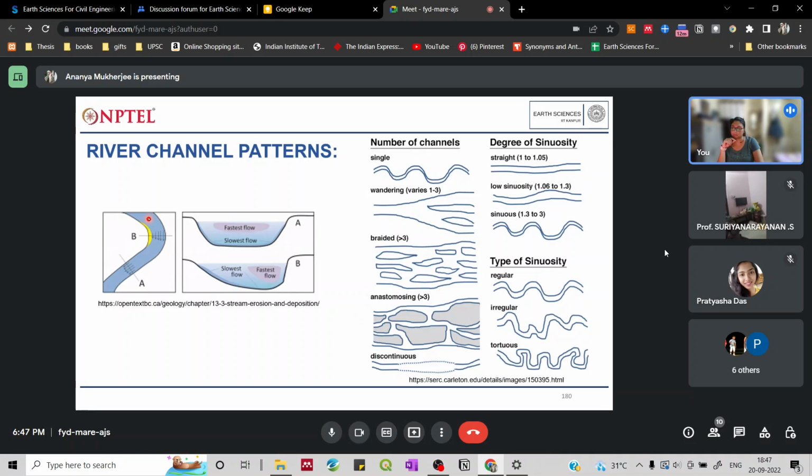Because of the turn over here, the water will flow faster, and the erosion also takes place much more on this part of the meander, while on the inner part of this meandering stream, you can see that this yellow part is actually the deposited sediment. So this is where the deposition happens and this is where the erosion happens. This is a very simplistic channel pattern that is given over here.